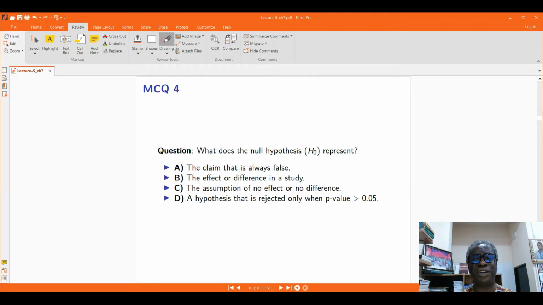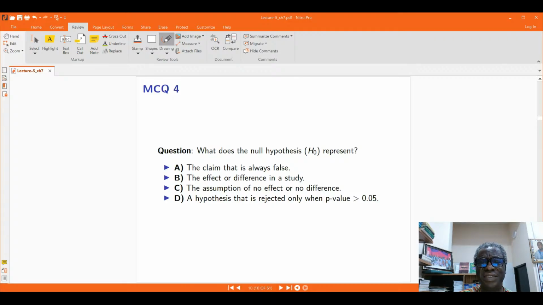Now, question 4 says, what does the null hypothesis represent? Again, this is a concept that we will discuss shortly. But if you have heard anything about it, you should be able to come up with a choice. A, the claim that is always false. B, the effect or difference in a study.